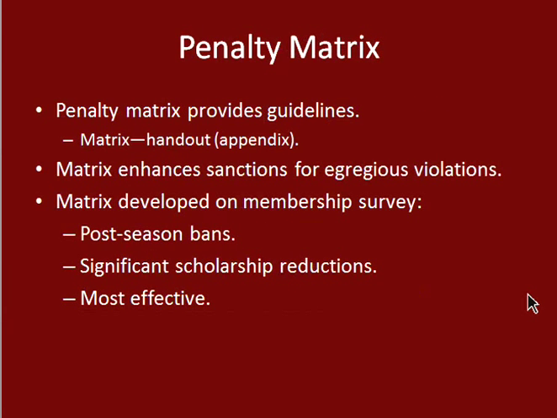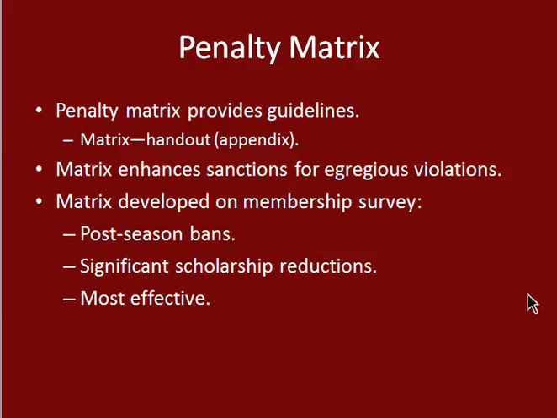The penalty matrix. We have in the appendix to the webinar handout the complete penalty matrix, which will be relied upon and used by the hearing panel to determine the penalties that can be imposed in a Level 1 or Level 2 case.